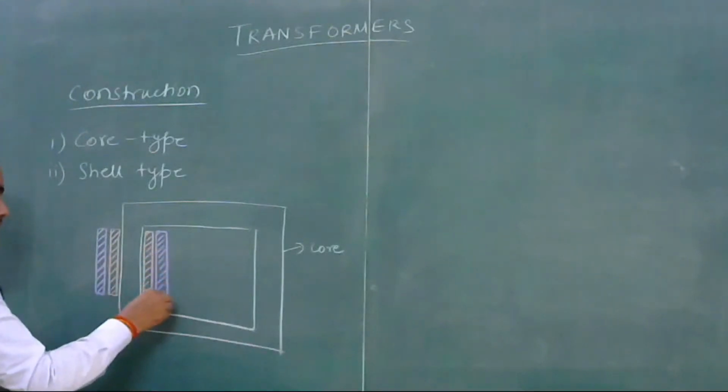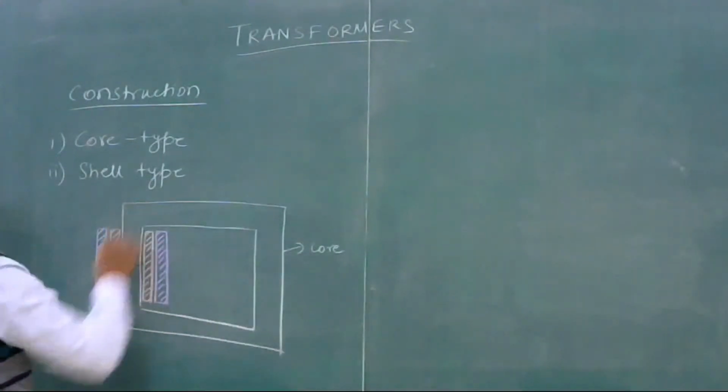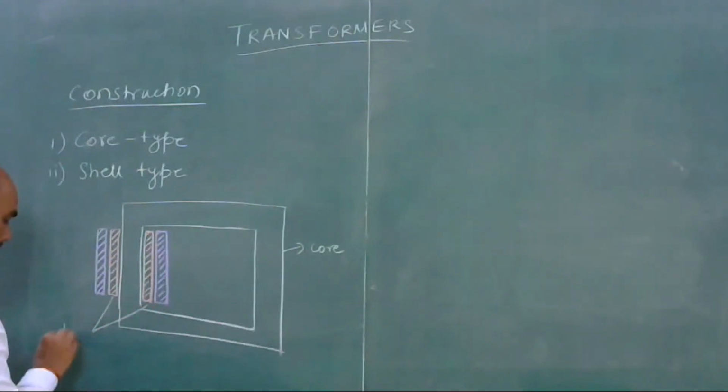Like this. So inner winding is LV winding. These are low voltage windings.